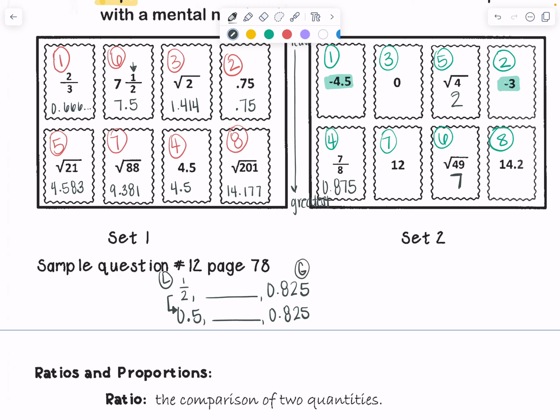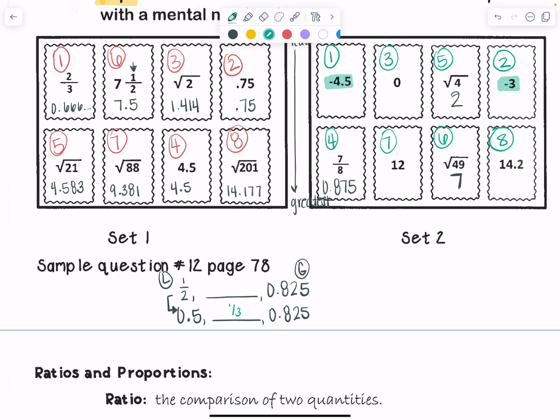So let's look at letter A. Letter A says 1.5. Well, 1.5 would not make that list. 1.5 is not between 0.5 and 0.825. All right, the next one says 0. Well, 0 is not between 0.5 and 0.825. Again, think about money. 50 cents and 83 cents. 1/3.